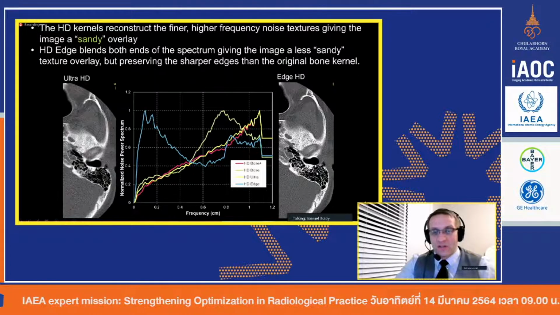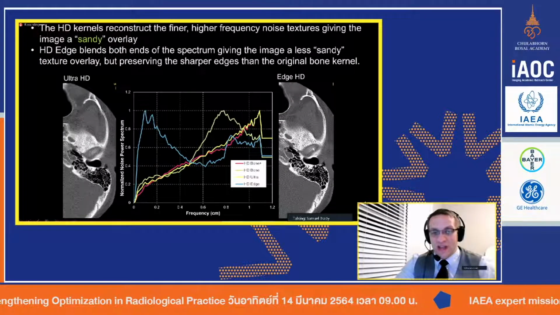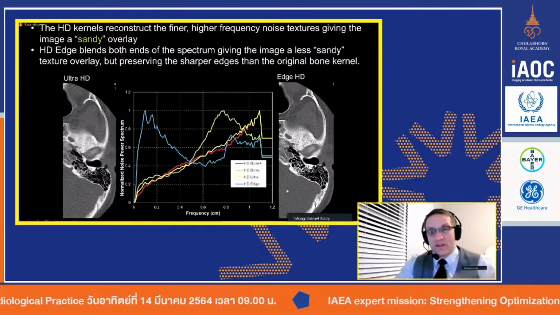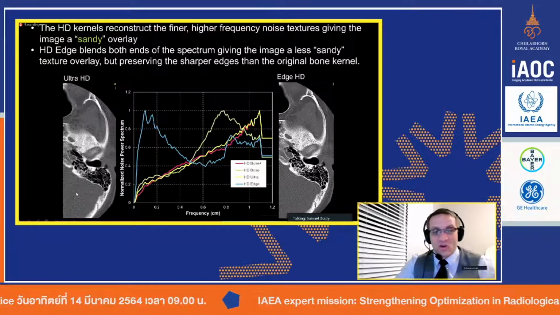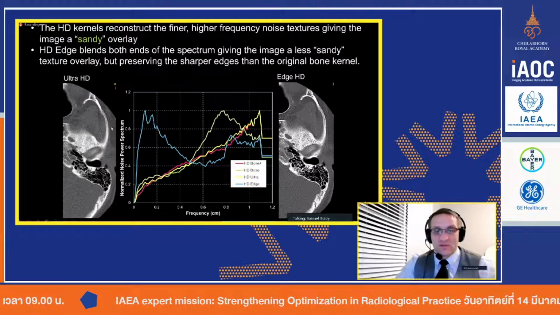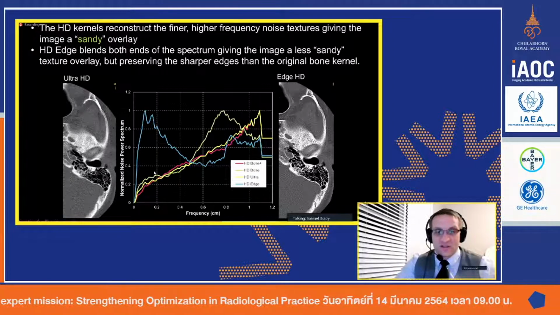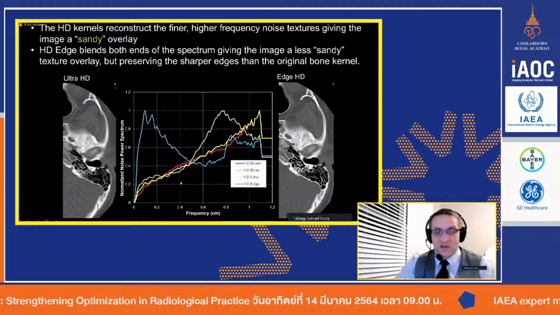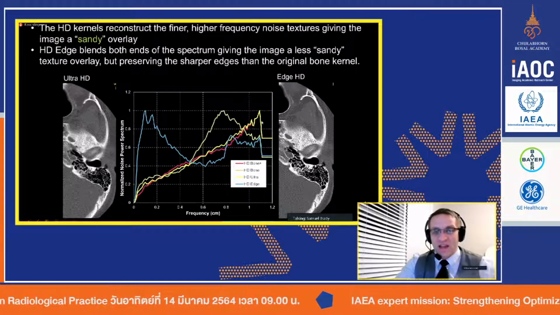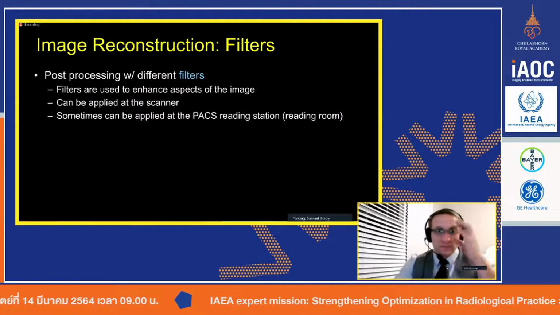And I hope you can appreciate that the fine detail that you see in the bone here is actually the same as this one, maybe even just a hair better, but the noise texture itself is not as coarse, as sandy and fine as you see here in this Ultra HD, which is the yellow curve, which tamps down, it tries to remove all that low frequency stuff and really accentuate that high edge. So every edge in that image is really strong.